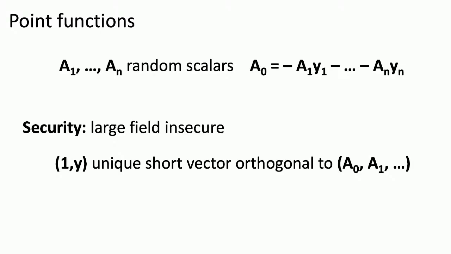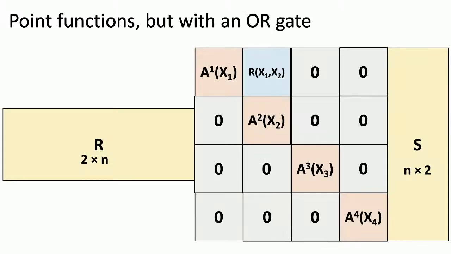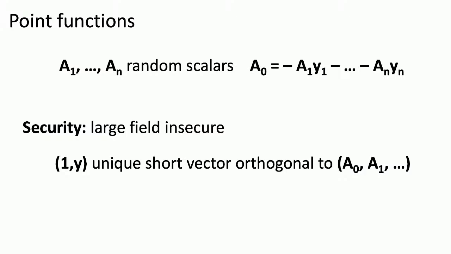Over a very large field, there's going to be a unique short vector that's orthogonal to this matrix. If all of the other vectors orthogonal to this matrix are much, much bigger than 1 comma y, you can just use standard lattice reduction algorithms to find 1 comma y. So at least if you make the field vast, this is insecure.